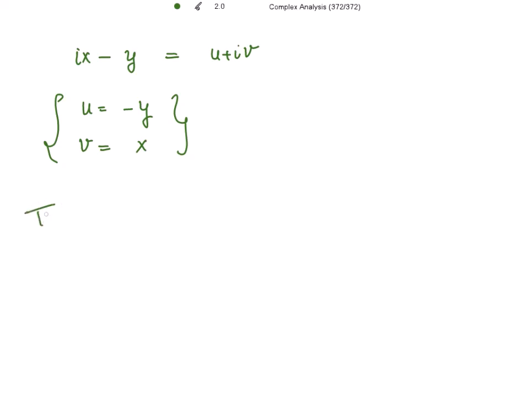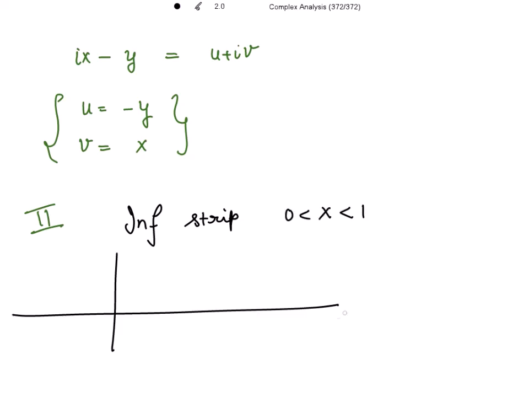Okay, secondly, what we need to show is the infinite strip 0 strictly less than x less than 1. This is the x-axis, this is the y-axis, this is the origin. Suppose this is the point 1, 0, and x is lying between this. x is equal to 1 line and x is equal to 0.